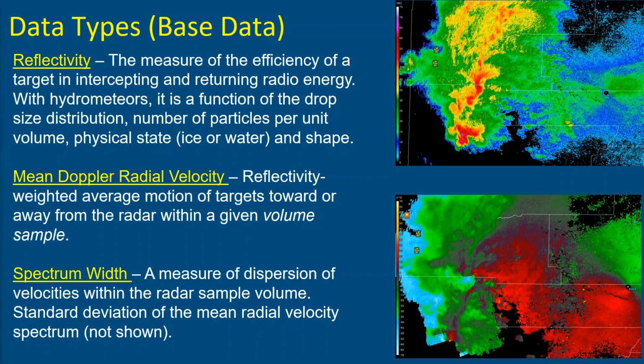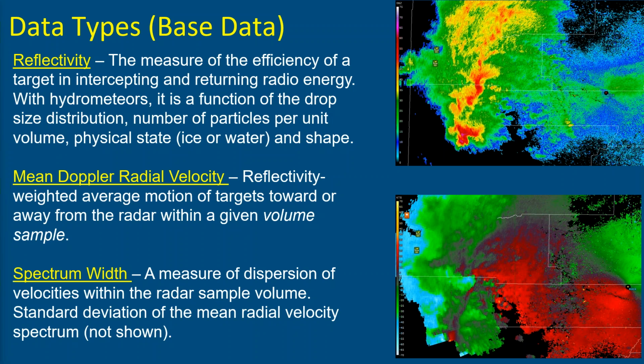That's probably the most familiar radar field. You can see it in this slide on the upper right there. The red areas indicate heavy rain, the green, light rain, the yellow, moderate rain. If we were to see some purple in there or even white, very high reflectivity, that may in fact be hail.